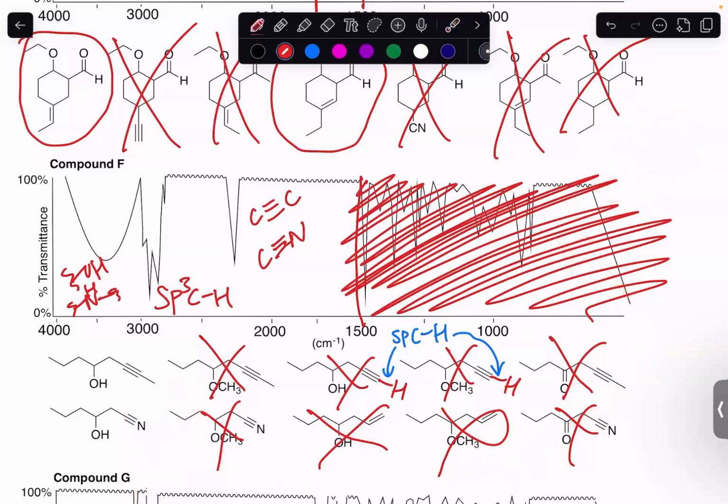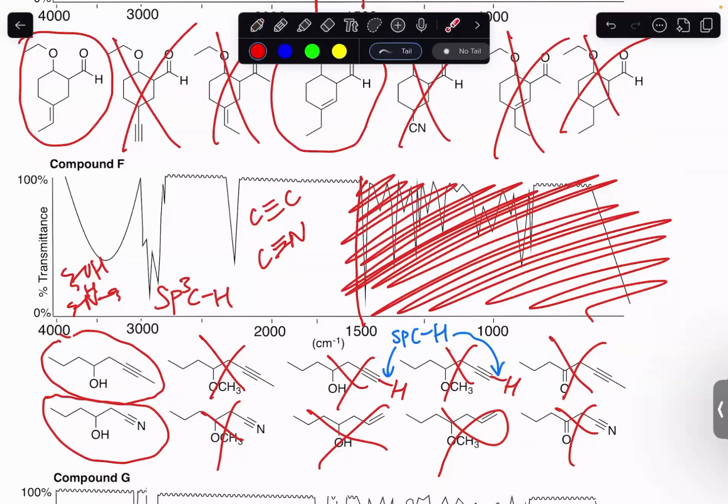So our answer for this one is going to be this or this right here. The only difference is the alkyne or nitrile, but we don't know which, because it could be alkyne or nitrile for this sharp peak right here. We can know if we are given the chemical formula.